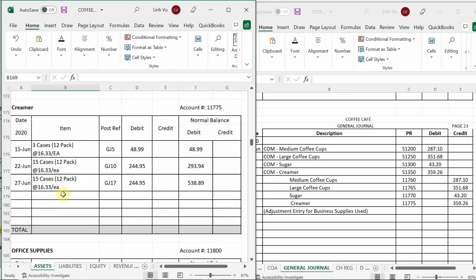Okay. And then for our coffee creamer, adjustment here, we used 22 cases. So therefore, let me see. We purchased originally 3, then we got 15, then we got 15, so that's a total of 33. So 33 minus 22 will give you 11 cases left.